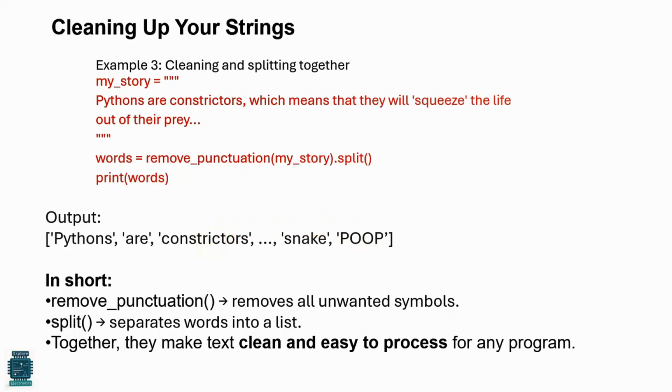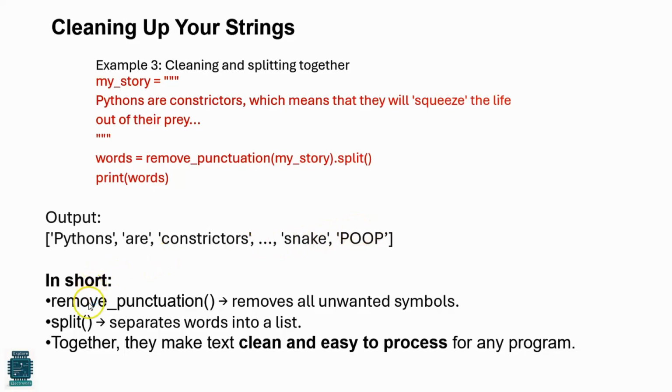After that, it will continue with the sentence without punctuation, and till the end, it will split the sentence. Very clear? It's removing the punctuations, and along with that, it is splitting by using the split method. This is the output we will get. In the middle, it continues with no punctuation marks and splitting together.